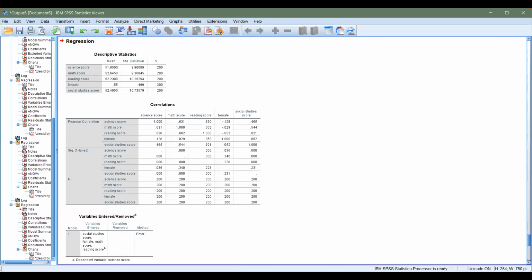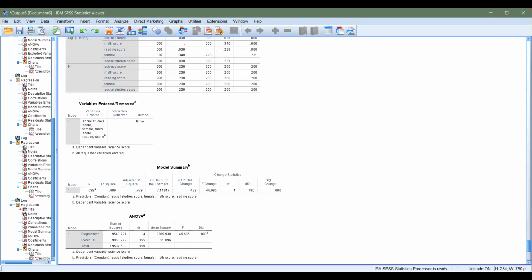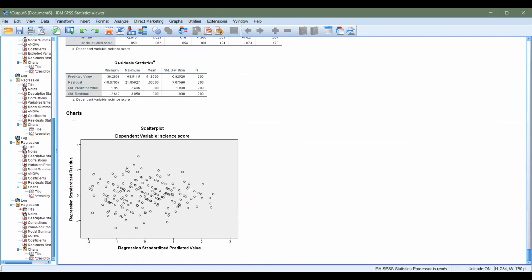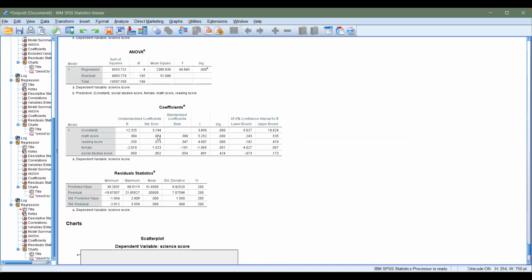So when we are running this model with the enter method, what are we getting? We are getting this. Okay, I want to include the social science score beside that. This is clinically important.